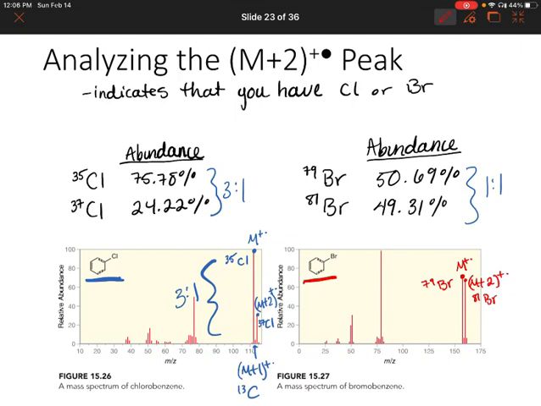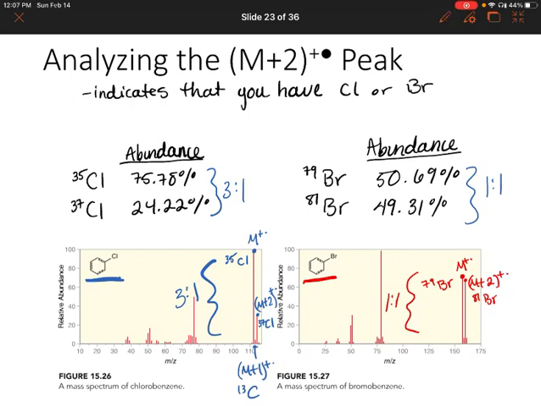Additionally, those peaks are in an approximately 1-to-1 ratio. So if you look at your rightmost cluster and you notice two peaks that are approximately the same height, and they're 2 apart from each other, then that is likely due to a bromine in your molecule. So yet another tool we have.